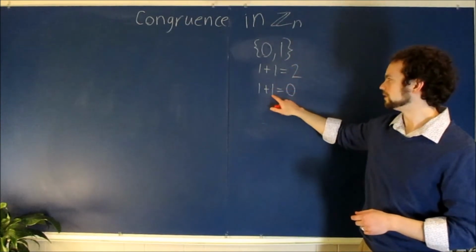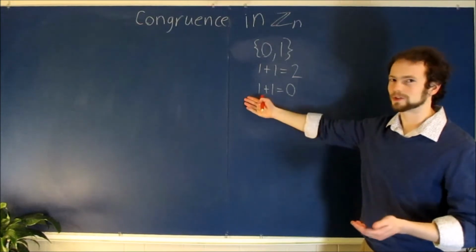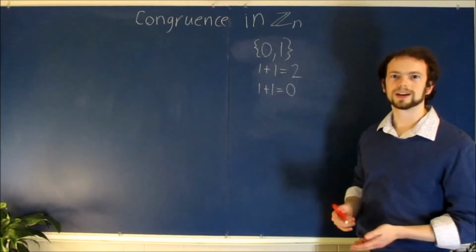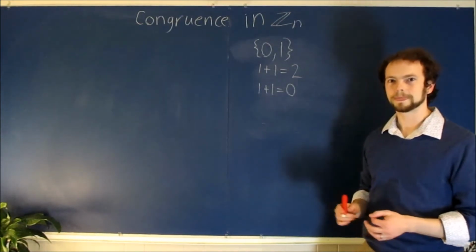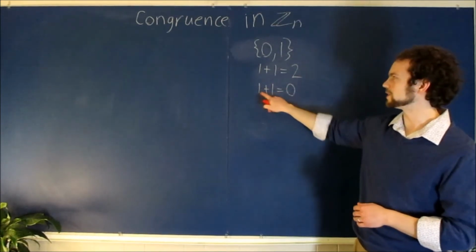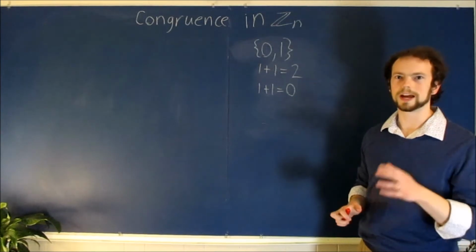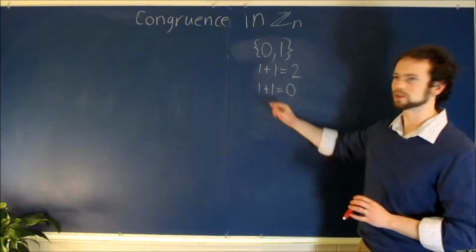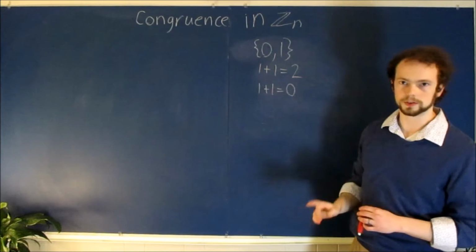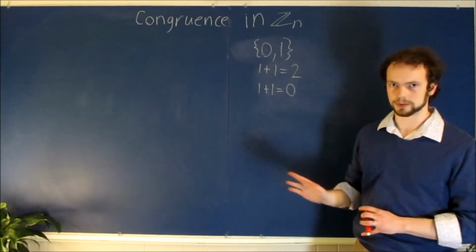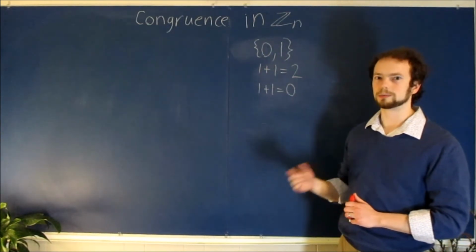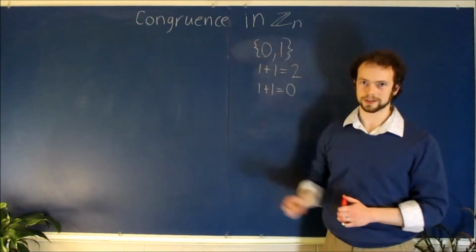Now, obviously, I can't just do this without some justification. When I write 1 plus 1 equals 0, what I've actually done is changed this set from being a set of integers to a set of something else, a set of objects called congruence classes.